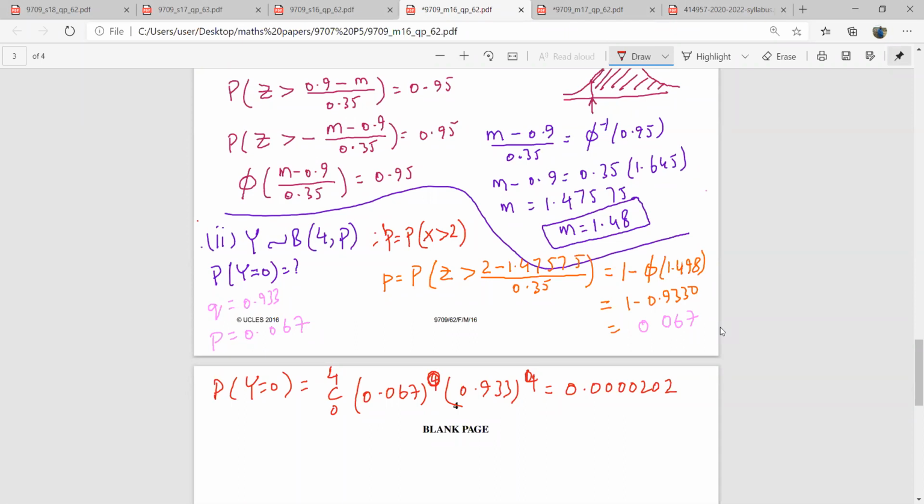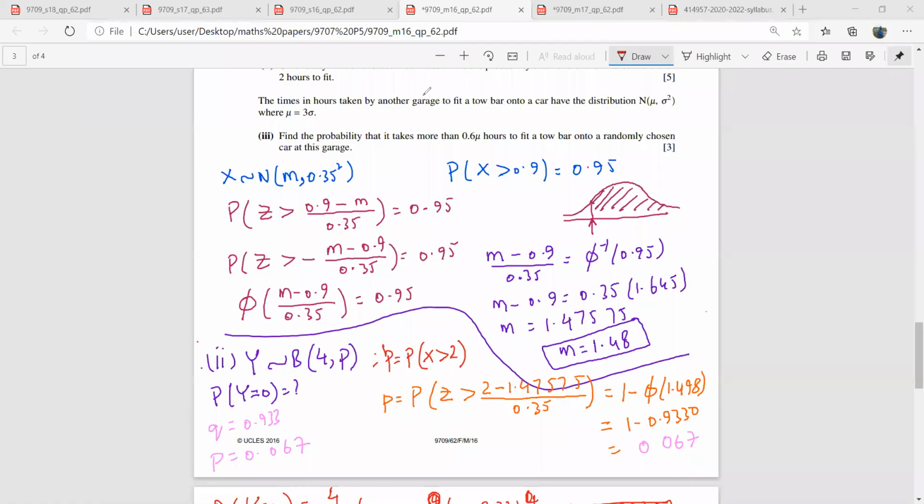So this has to be 0.933, 0.933 raised to power 4. Thank you, Beta, a very timely call here. This is going to be 0.758, correct to 3 significant figures, that none of those cars had to be told.